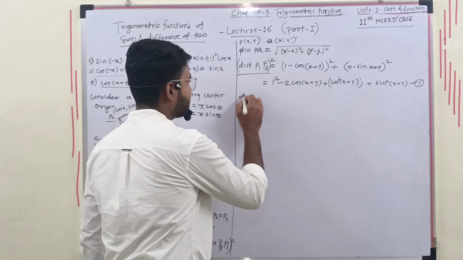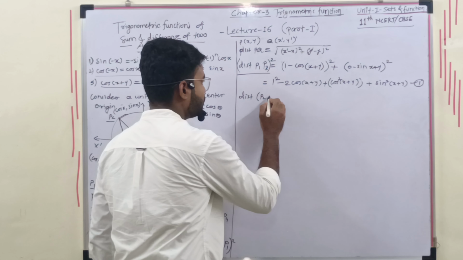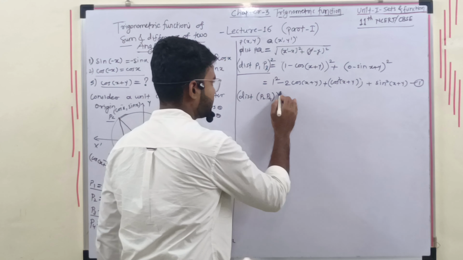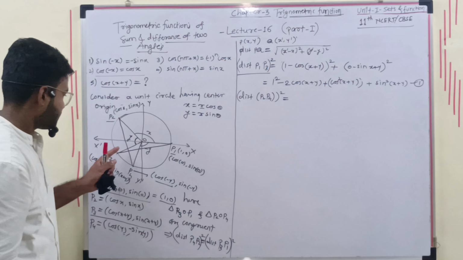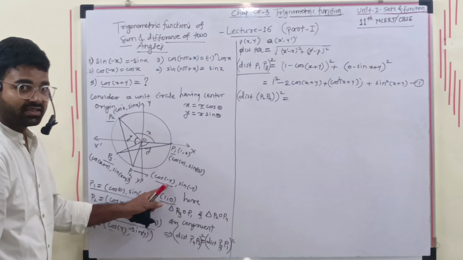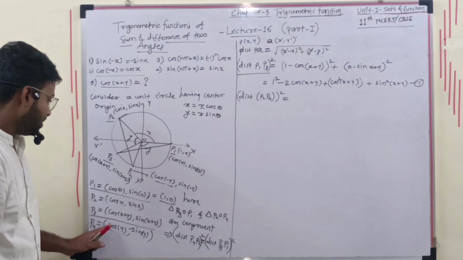Now we will calculate distance P2P4 square, and that involves cos of minus y, which is nothing but cos y simply.